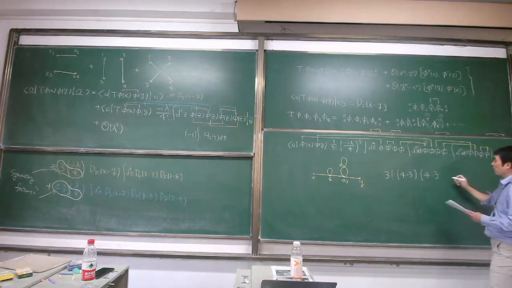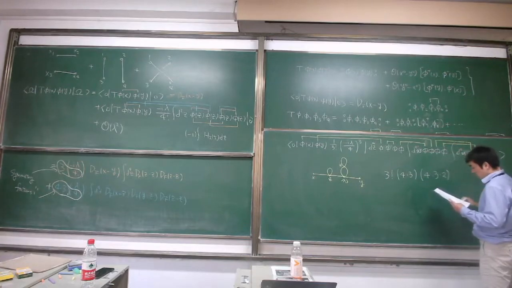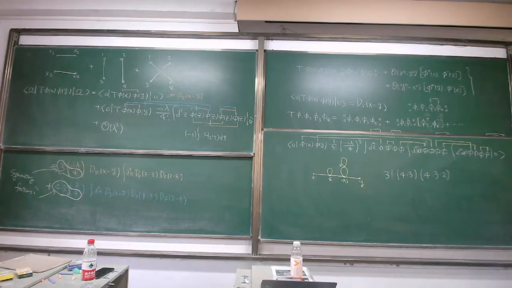So therefore you have to multiply by 2. And then the same thing: once this one tries to find a partner, there are 4 choices, and the other one has 3 choices, and then the rest will be closed.